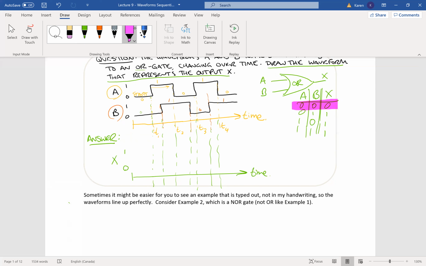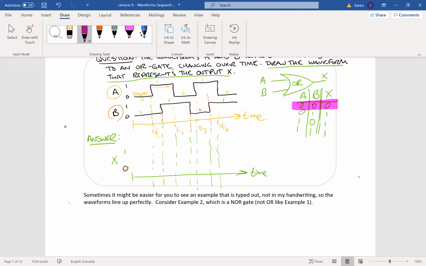So I'm going to look at this line of the truth table, and I'm going to say wherever A and B are 0, I'm going to use purple here. Wherever A and B are at 0, then the output X is also going to be 0. A and B are 0 in this little space, aren't they?